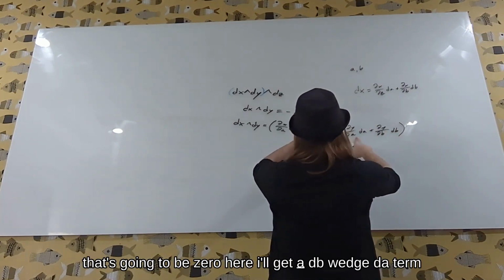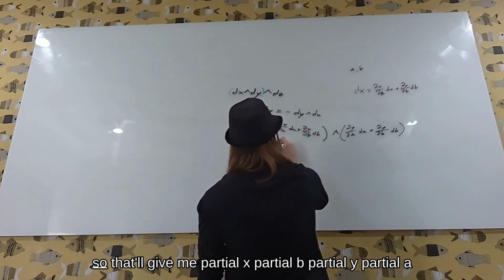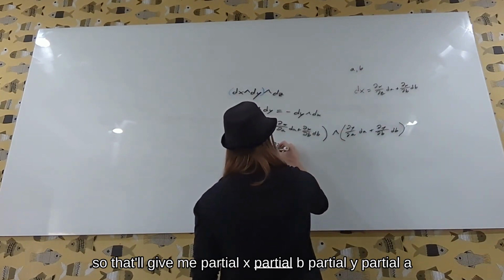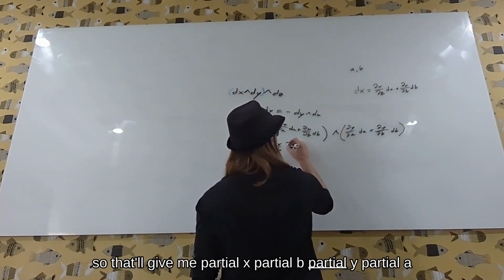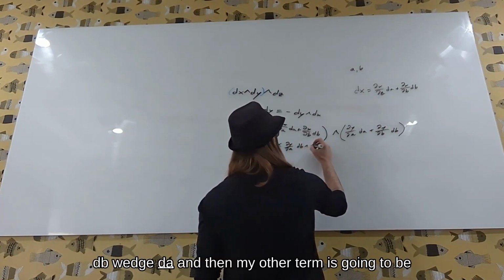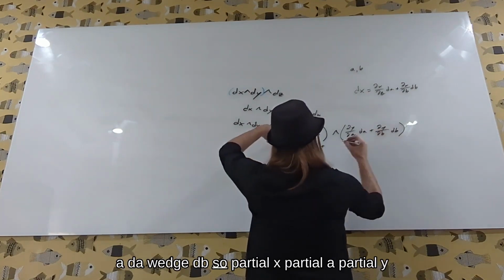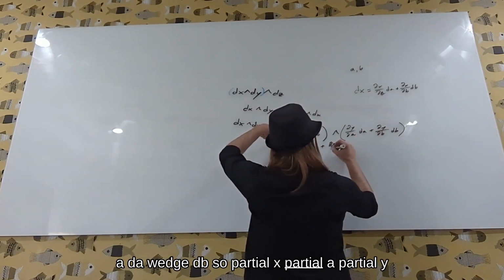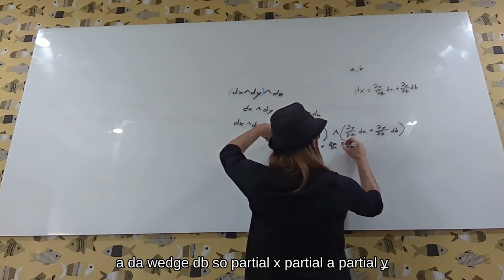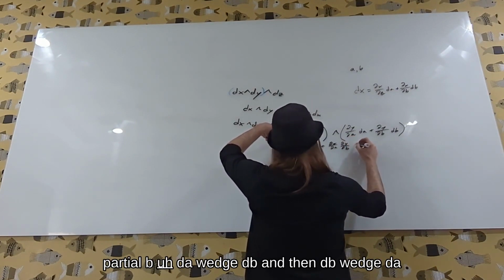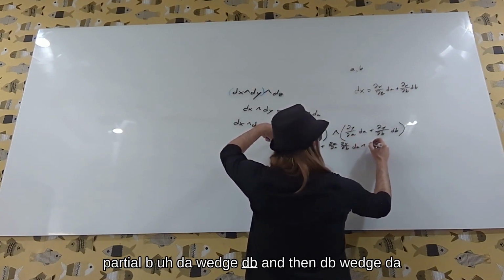Here I'll get a dB wedge dA term, so that gives me partial x partial b, partial y partial a, dB wedge dA. My other term is a dA wedge dB, so partial x partial a, partial y partial b, dA wedge dB.